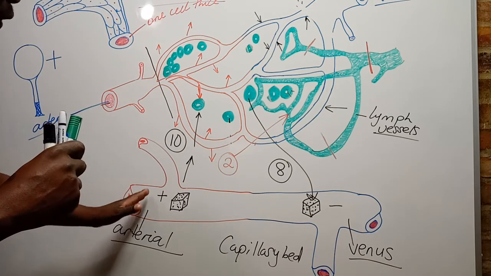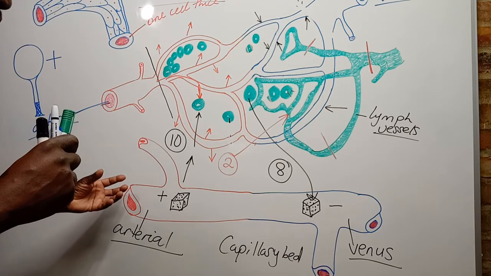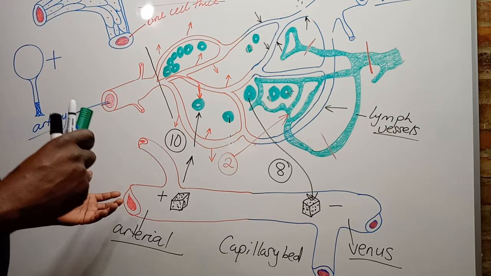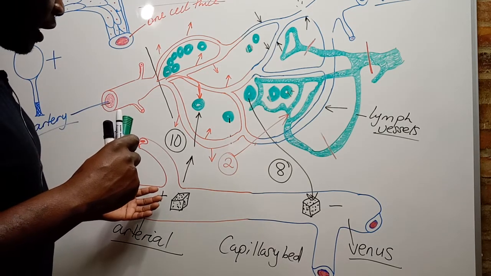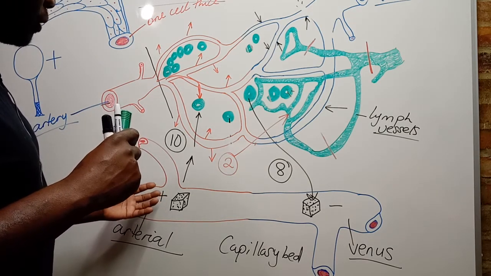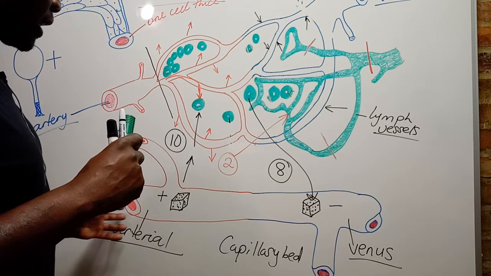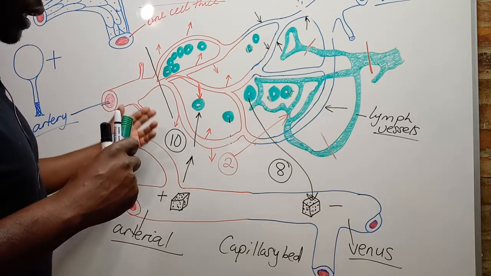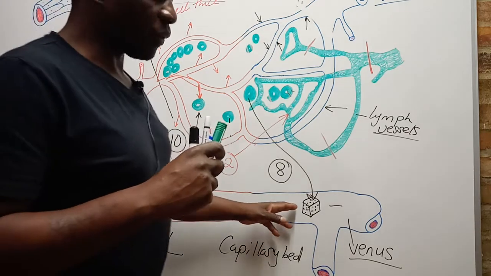So at this point, what you must know is there is high pressure, and naturally through osmosis, right, water, or rather fluid, will move from the region of high concentration, which is inside the arterial vein, to the body cells. On the same note, here we now have got a deficit.